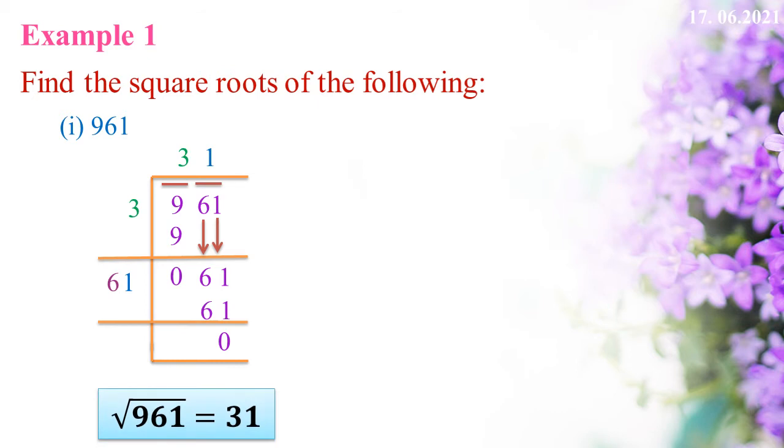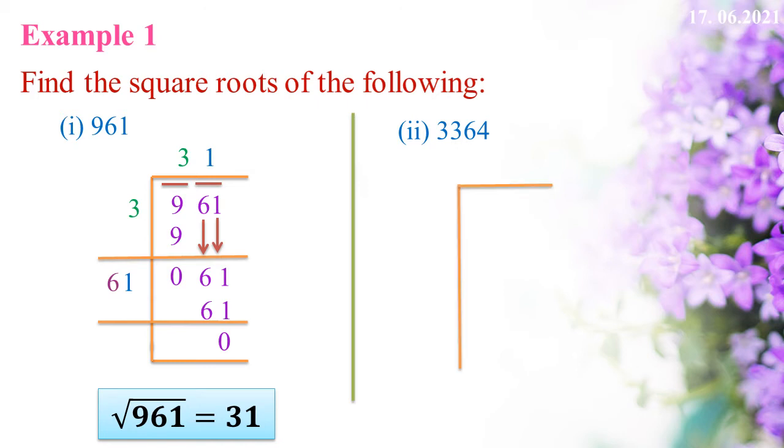We will get 0 as the remainder. So, the square root of 961 is 31. Let's see one more problem: 3364. Here 3364 is the dividend. In the first step, we should mark off the digits in pairs starting from the units digit.